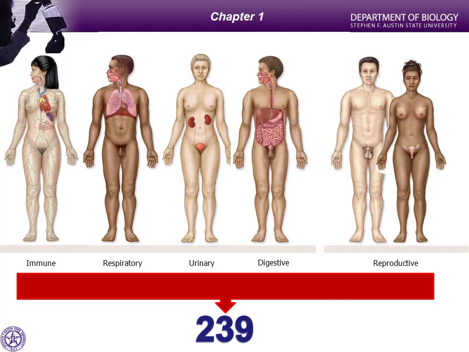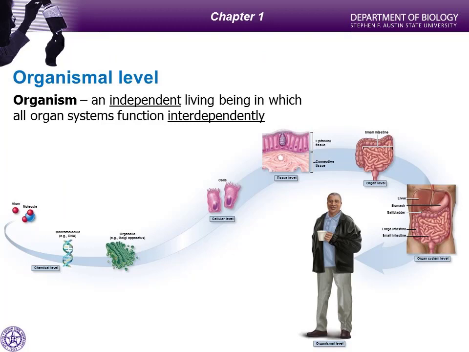So we've gone all the way from atoms all the way to our 10 or 11 organ systems, and when you package all of them together, now we have a completely independent, free-living organism. And the function of an organism, again, like we distilled down the conduction of our nervous system into sodium and potassium, what is the function of an organism?